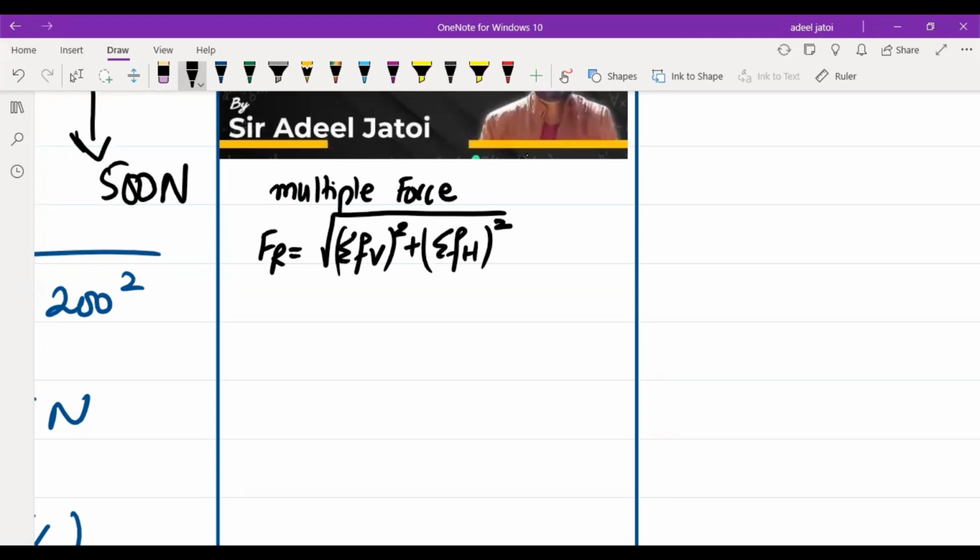If two forces are going downwards, we'll be adding them. If two forces are going right, we'll add them. If two forces are going left, we'll add them. Similarly, if you want to have theta, there should be tan inverse summation of FV upon summation of FH, the total of force vertical upon total of force horizontal.